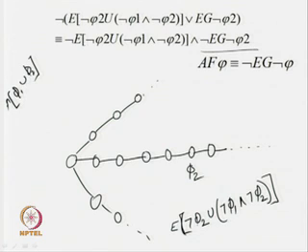Now, you just see that I am getting this particular state, considering the state where not of phi 1 and not of phi 2 is true. So, for this formula to become true, on all those states not of phi 2 must be true. And if in all those states not of phi 2 is true, then we will say that this particular part is true.